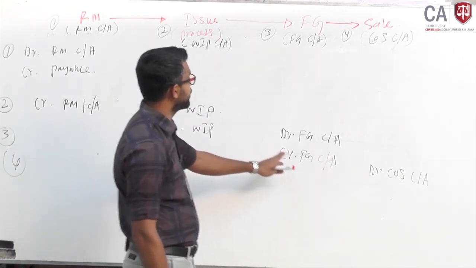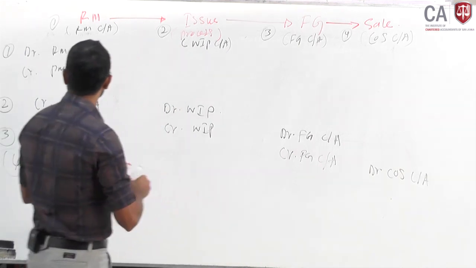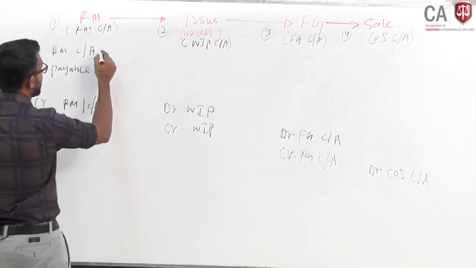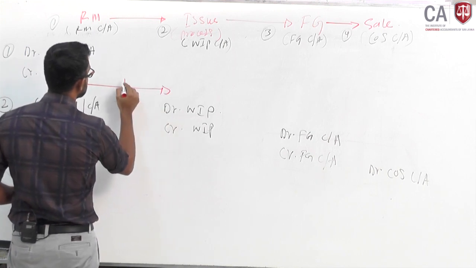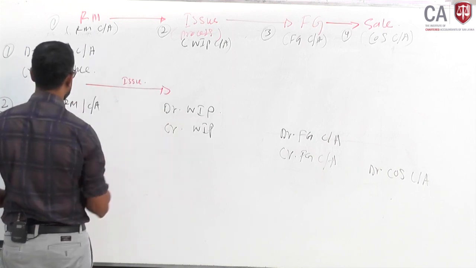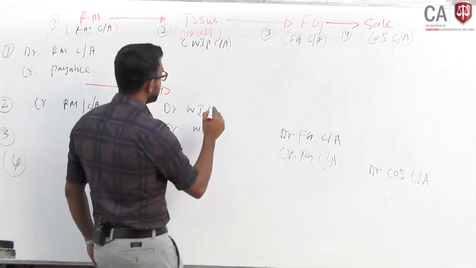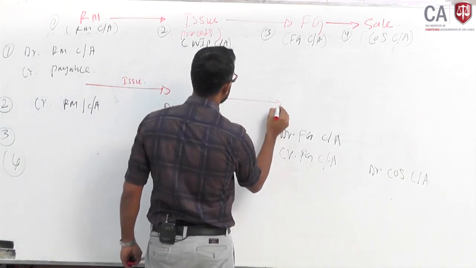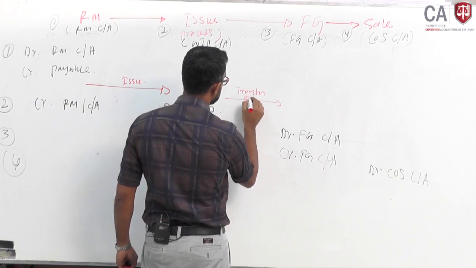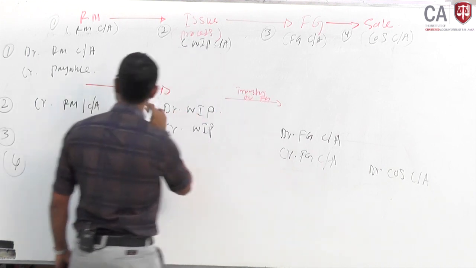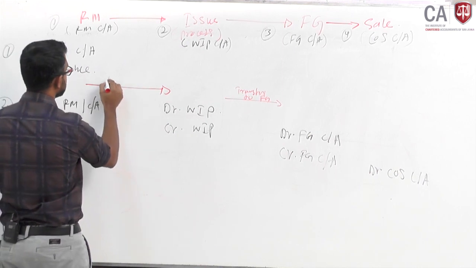Finished goods transfer to WIP. This entry is when you transfer raw material to WIP, issue, right? This is transfer to FG. FG, transfer to WIP.